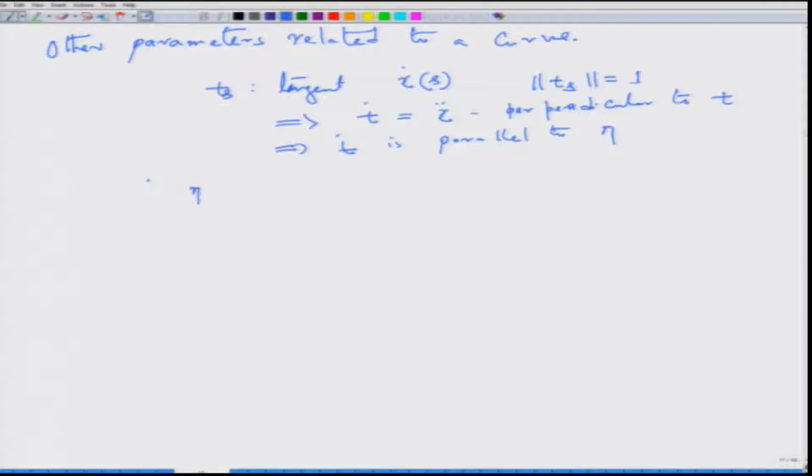Suppose I have two parallel vectors eta and T dot, and both of them have unit length. So, eta s at a point will be some multiple k s of T dot s.